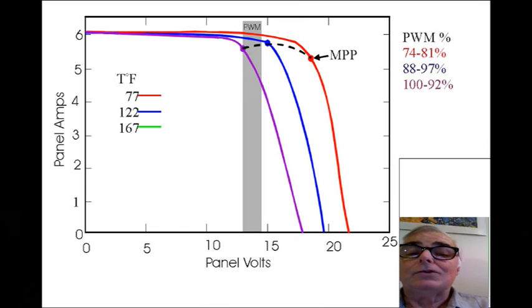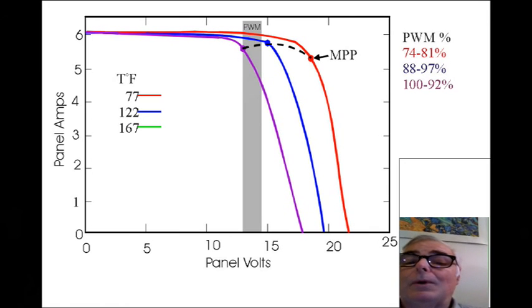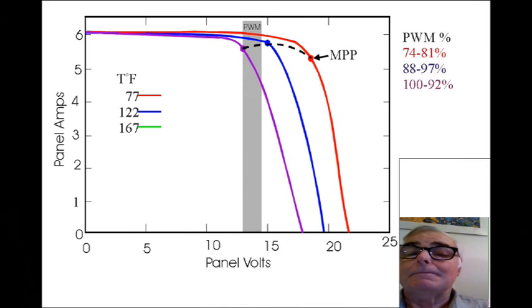And what this illustrates is that as the temperature of the panel goes up, the voltage of the panel goes down. And the point where the amperage starts to drop off as a function of voltage occurs at lower and lower voltage. I've also shown on this diagram where the maximum power point for each of these temperatures is located.